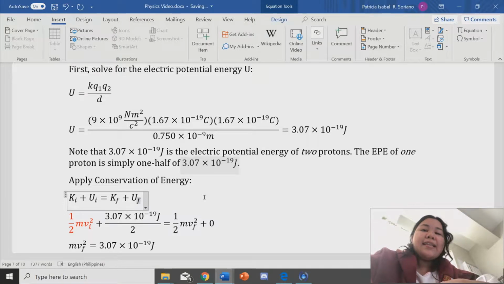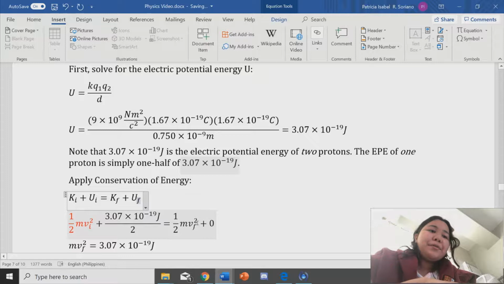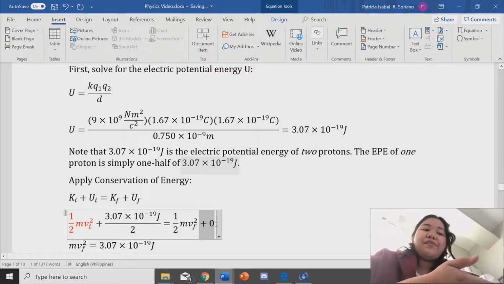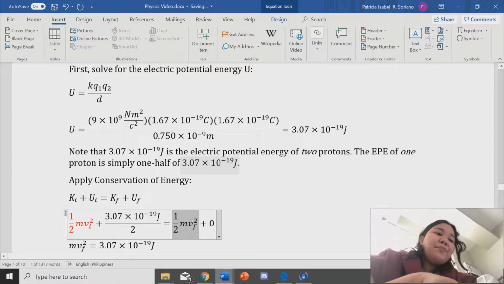So we could say that our final potential energy is 0. As you can see, for our substitution over here, I've put 0 for our UF, which is our final potential energy. Next, this is simply the substitution of the formula for kinetic energy, 1/2 mv squared. Except now we're putting the VF over there since it's the final velocity.